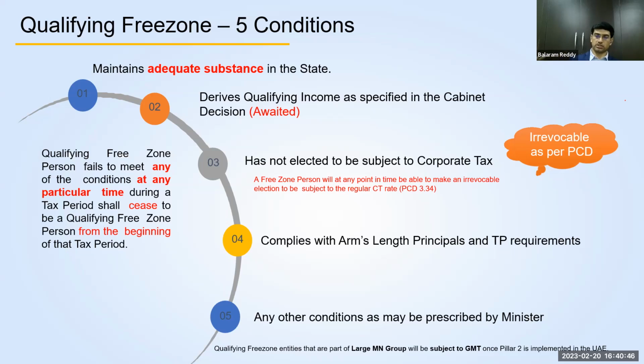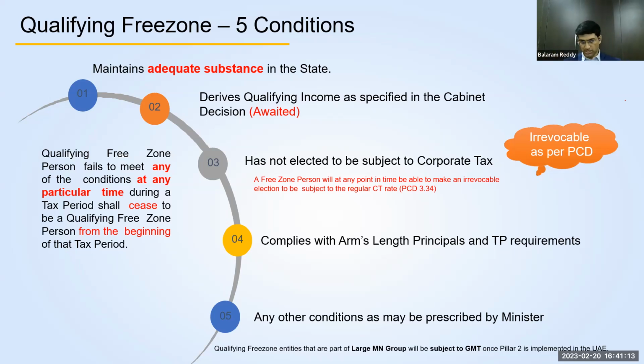If you have those transactions and arrangements, you need to maintain documentation to show that the transactions are dealt at a market rate. You're not trying to manipulate the business transactions by having transactions with related parties in order to reduce or minimize tax. So if you have these arrangements, you have to make sure that you're complying with the documentation requirements. This is the fourth condition.